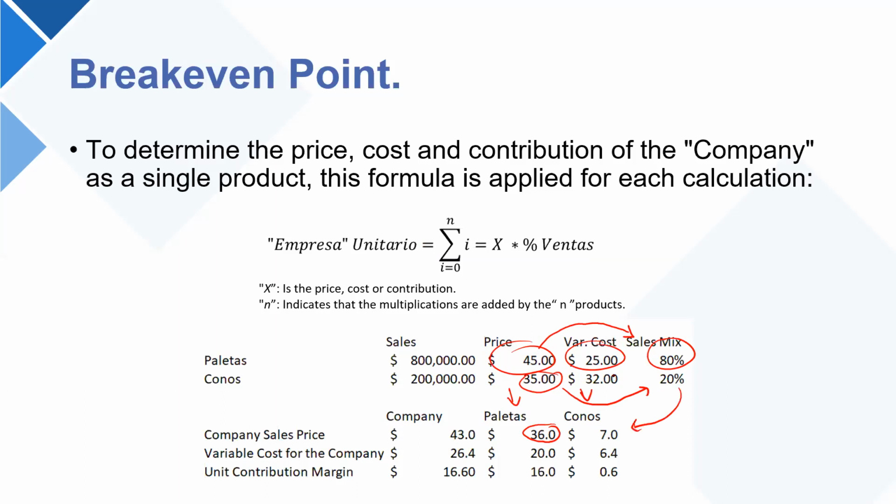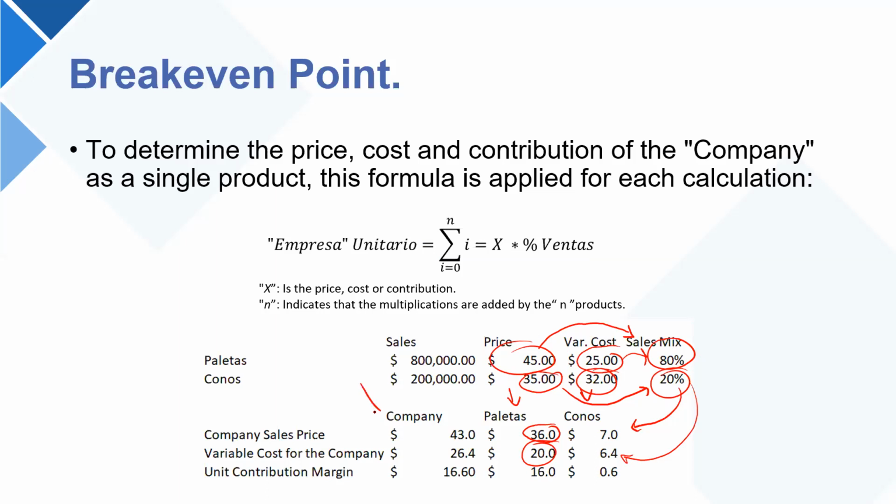And then you do the same with the costs. You have the unit cost, you multiply by the percentage, by the weighted average, and you get the variable cost. Then you do the same with the cones, this time by 20%, and you get the other one, okay?